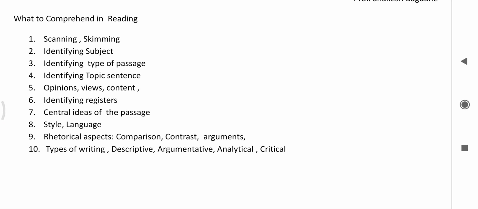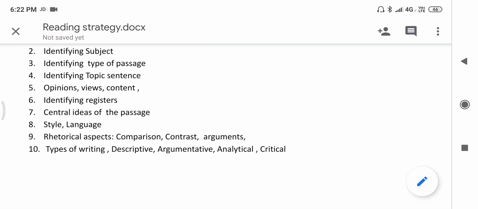Descriptive, it describes, it goes on describing. Argumentative is argument, putting two contrasting points together and having a discussion, or having explanation and counter explanations. Analysis will definitely be analyzed, and critical stands for judgments.